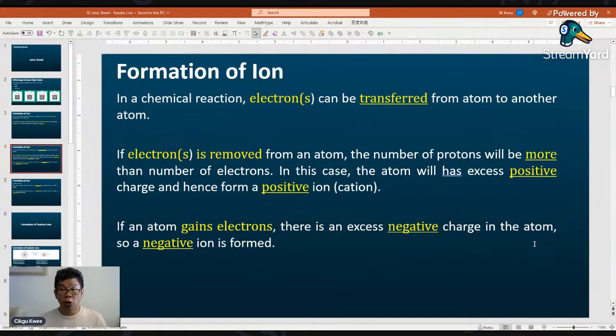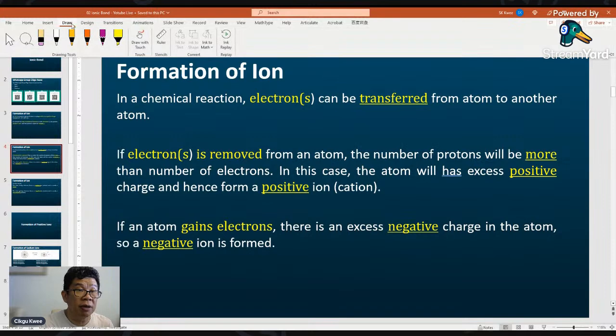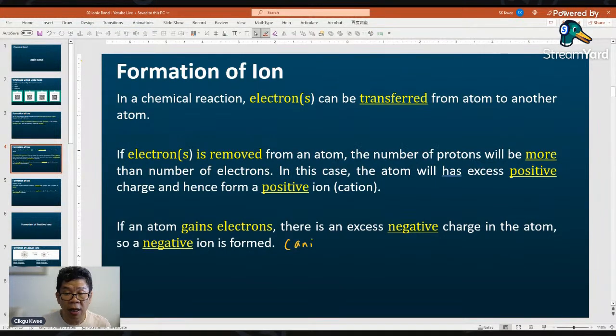So releasing or giving away electrons makes the atom positive, and receiving electrons makes it negative. That is how positive and negative ions form. The negative ion is called an anion. It is not written here, so let me write it down. The negative ion is called an anion, A-N-I-O-N. Anion.